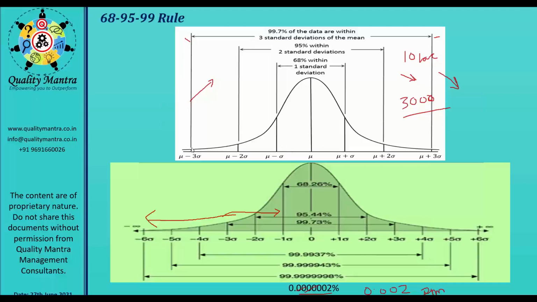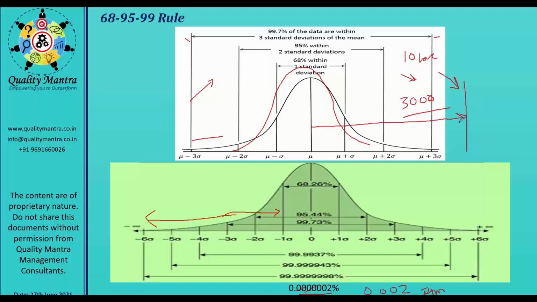Now, if you put your specification limits here and you keep on closing your variations, just imagine a state where you are running like this, your normal curve goes like this, and your specification limits are here. It means your mean value is far away.